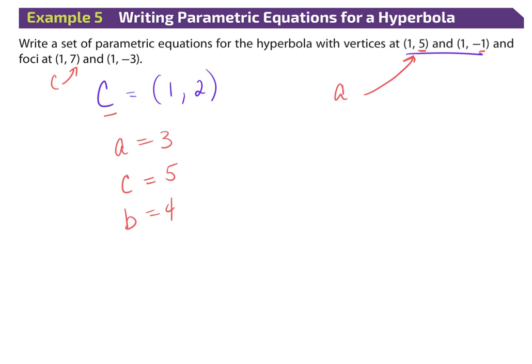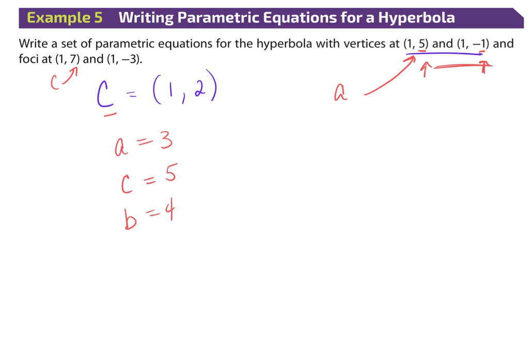Which one's going to be negative? With a hyperbola, the positive indicates which direction it's going. If I know which direction it's going, I can figure out whether it's going to be minus or plus here. My y value is what indicates which way it's going, right? If my vertices go up and down, that's going to be my y. If they go left and right, that's going to be my x. So my positive here is going to be in front of my y. Remember, with a hyperbola, your h and k's don't move.